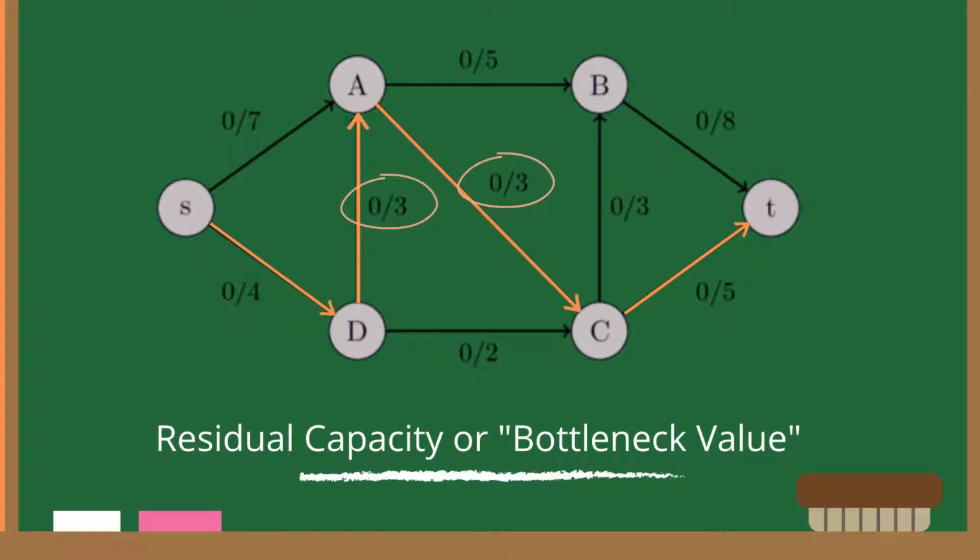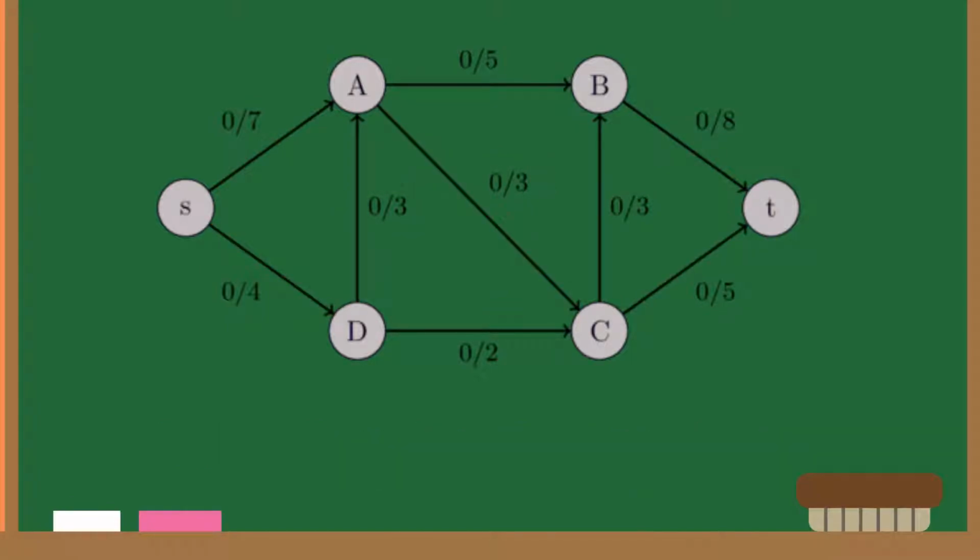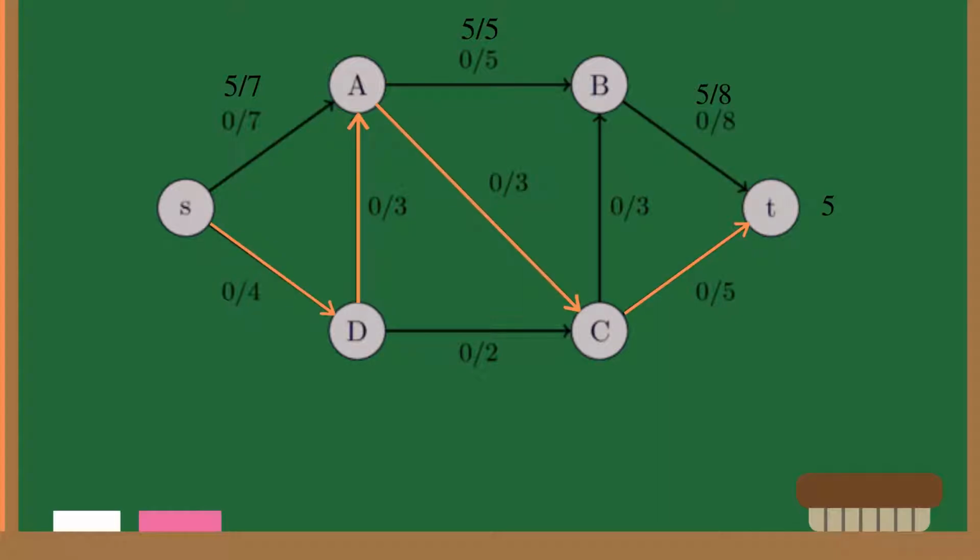For example, in the augmented path SABT, the edge AB has a capacity of 5, which is lesser than the other edges within the path, meaning that edge AB is the edge with the residual capacity. In the next augmented path, it is observed that the edge D to A has a capacity of 3, which is the least one out of the other edges, making it the residual capacity of 3.